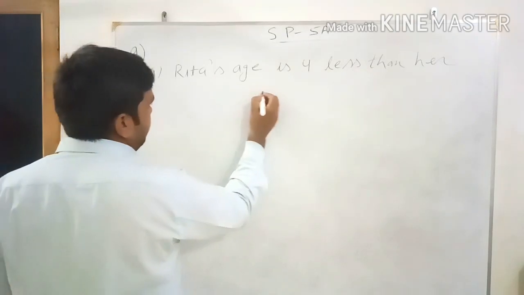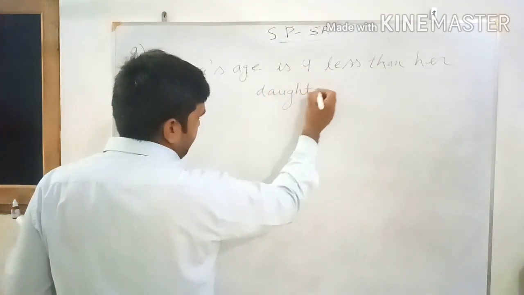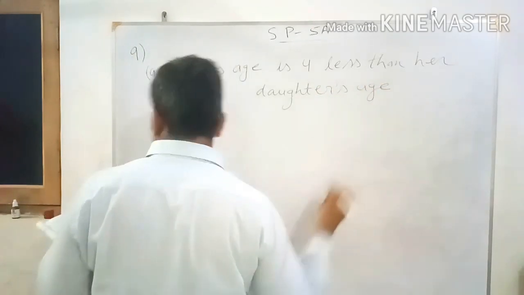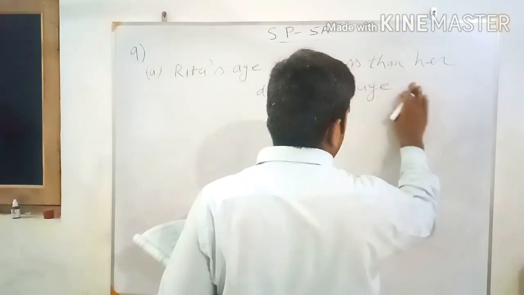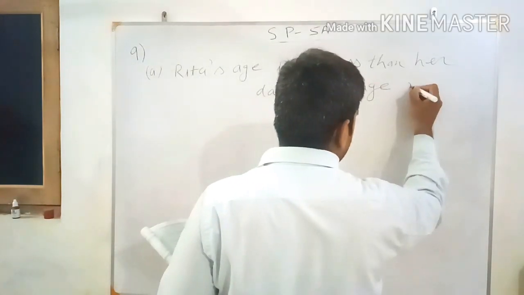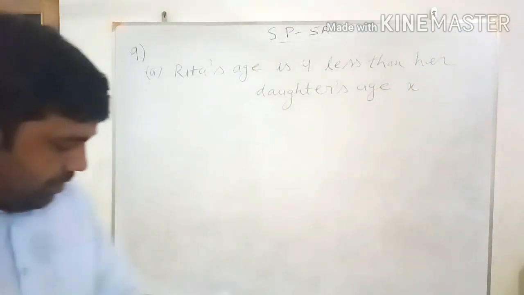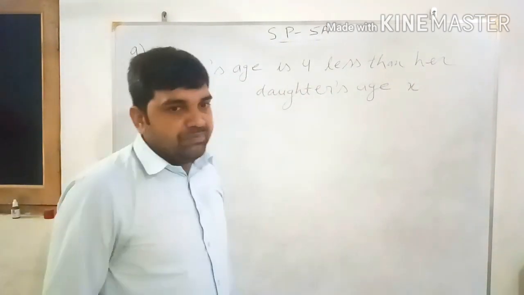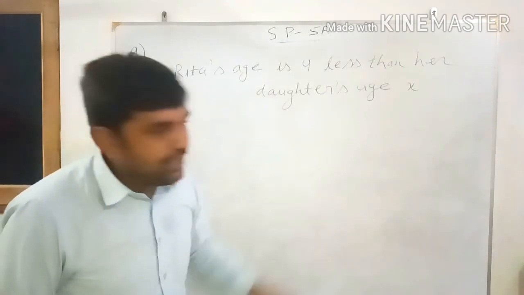Her daughter's age is x. So we have to write the algebraic expression for this statement. This is a sentence statement, so we have to write the algebraic expression.